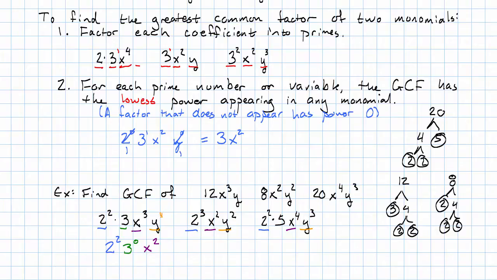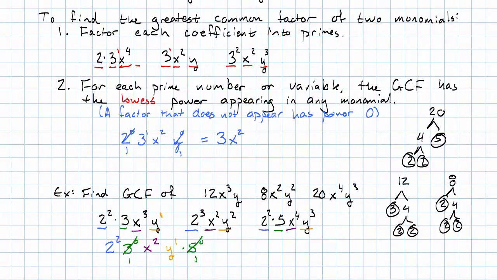The lowest power is 1, so I'll have y to the first. And then 5 only appears in the last one. I'll have 5 to the 0. These 0 power factors you don't need to write down, as long as you know you didn't forget about them.